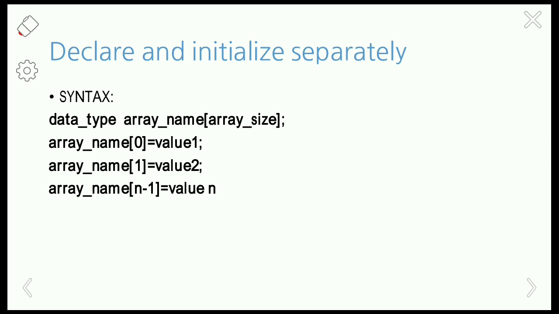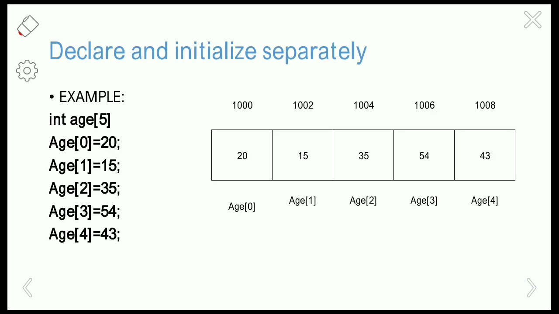The syntax is data type, array name and array size, then array name of 0 equals value 1, index 1 is value 2, and n minus 1 subscript is value n. Like this we have to assign the values for each and every memory location separately.